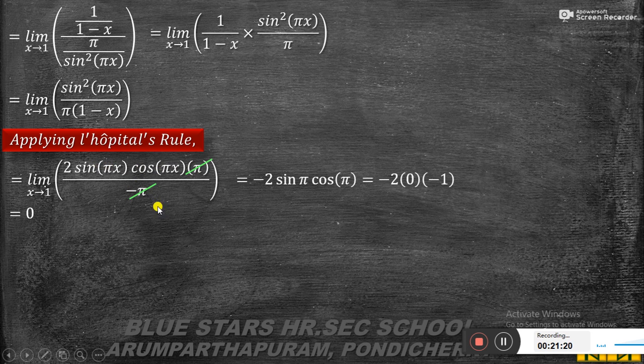After that we apply x equal to 1, so we substitute 2 sine pi cos pi. Sine pi is 0, cos pi is minus 1, so minus 2 into 0 into minus 1, so the answer is 0. Therefore, applying the L'Hopital rule, this answer is 0. This is the answer for our given limit.